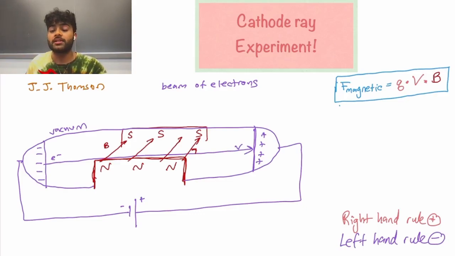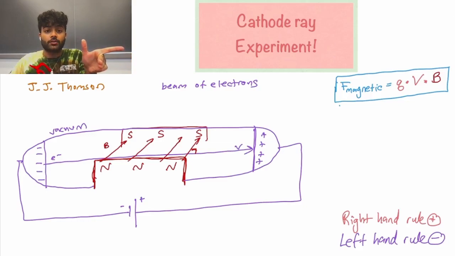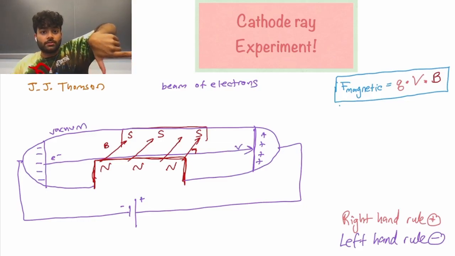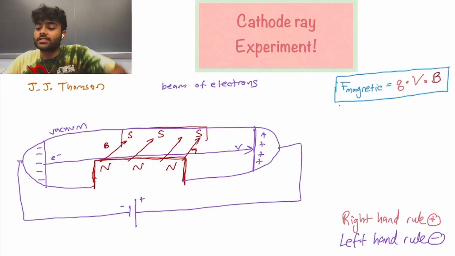We know that there has to be an F magnetic, so let's find its direction. We know the electron's negatively charged, so we take our left hand, we use the left-hand rule, and we know that the electrons travel from left to right, and we know that the magnetic field goes into the page. So with this setup, our force is downwards.